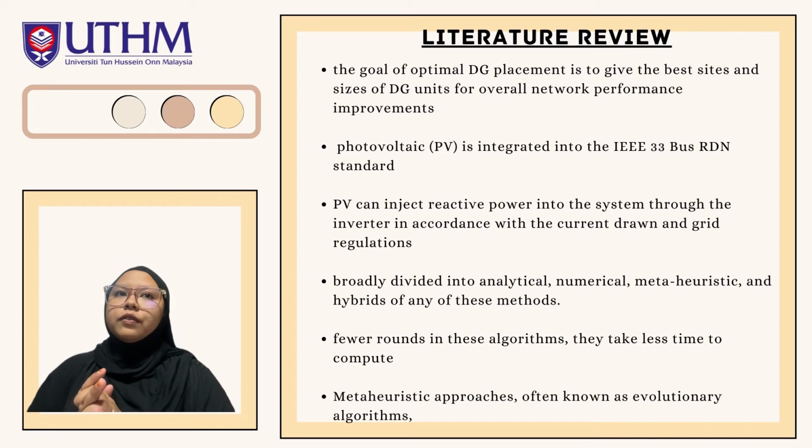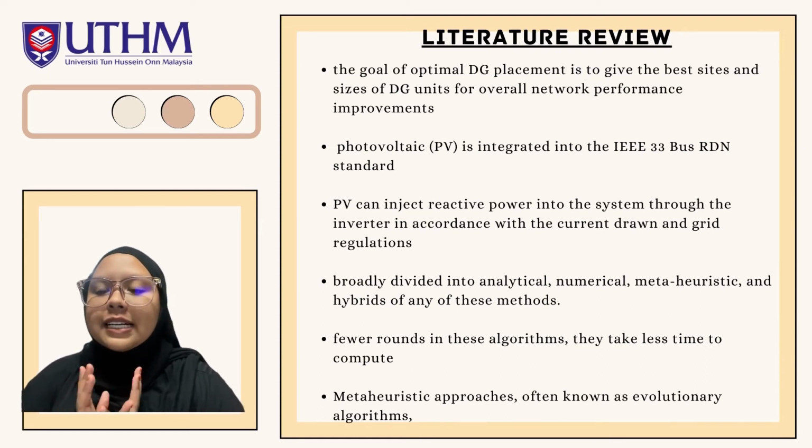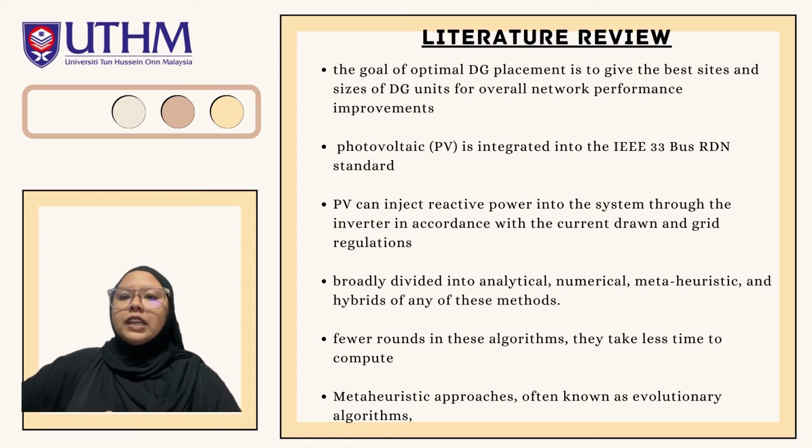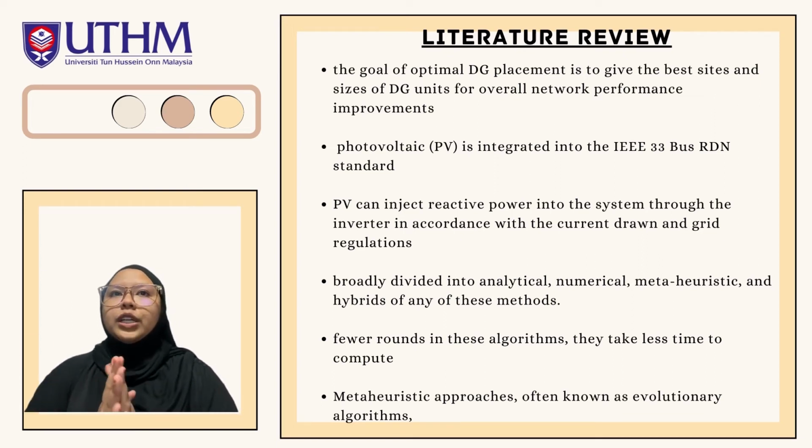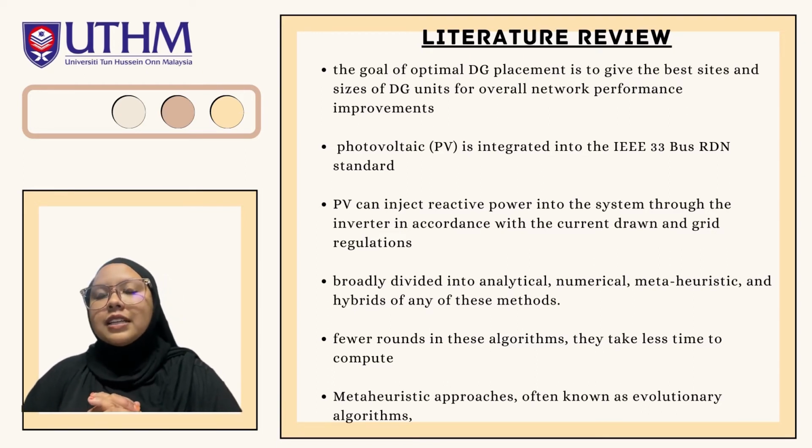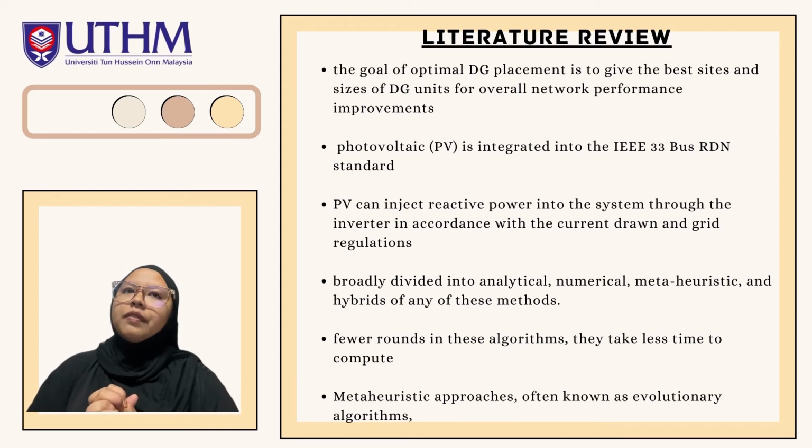In this work, photovoltaic is integrated into the IEEE 33 bus RDN standard by establishing the safe amount for real power injection by monitoring essential steady-state distribution system performance using the site's capacity factor. Although PV can inject reactive power into the system through the inverter in accordance with current grid regulation, the distribution system's performance on actual and reactive power losses as well as bus voltage was examined and compared to similar works of literature.